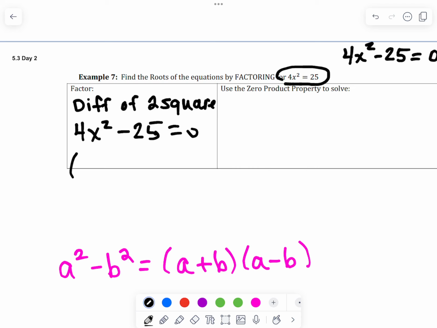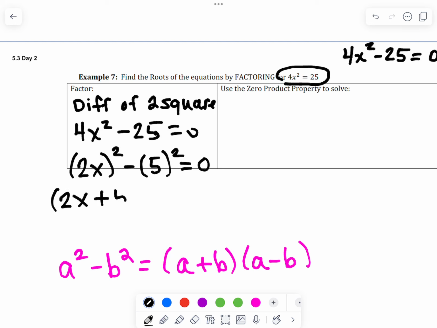So we get 2x times 2x is 4x squared, and then 5 times 5 is 25. So in factored form using our rule, it'll be 2x plus 5, quantity 2x minus 5.